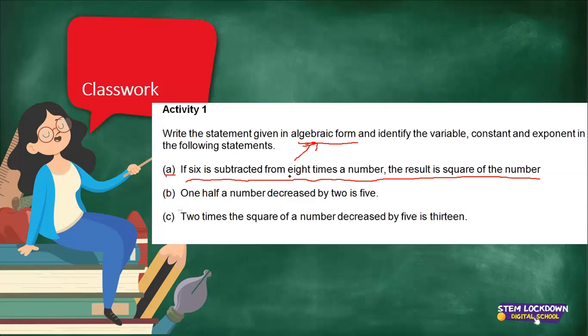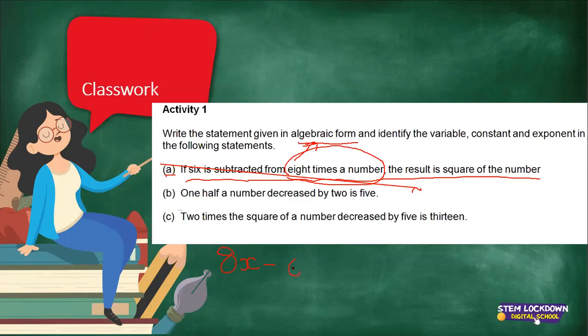Maybe let me help you with this one. It says if 6 is subtracted from 8 times the number. So 6 is subtracted from 8 times the number. There it is, 8 times the number, subtract 6, so minus 6.